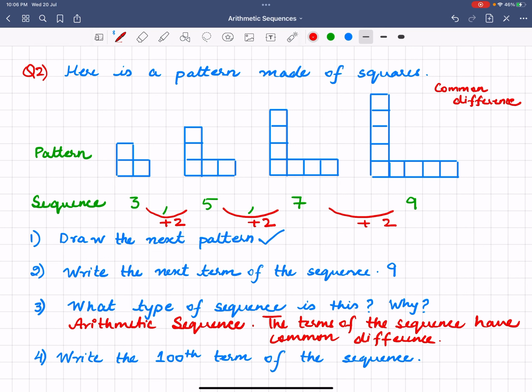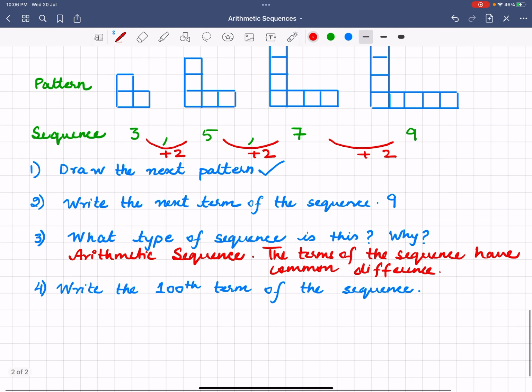Write the 100th term of the sequence. So here again we are expected to find the number that would be for the 100th term of the sequence or the 100th pattern. If we draw the 100th pattern, what would be the number of squares corresponding to it? We are not going to draw 100 patterns and find the 100th term.